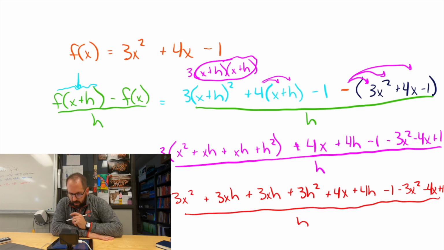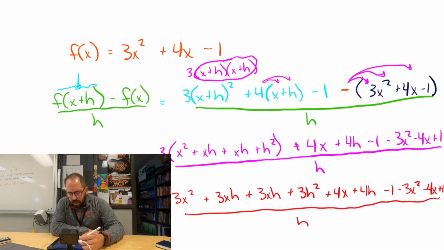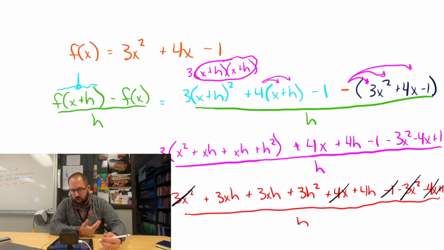All right, we got to this point. We've distributed. Now, the idea is that I'm going to start crossing things out. Things that don't have h's should cancel out. So the 3x squares are gone, the 1s are gone, the 4x's are gone, and everything that's left should have an h on it, which it does. And then you're going to divide everything by h.